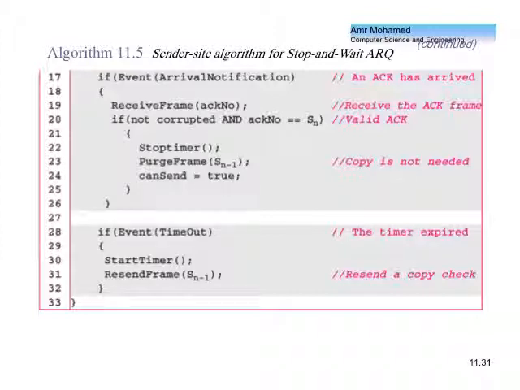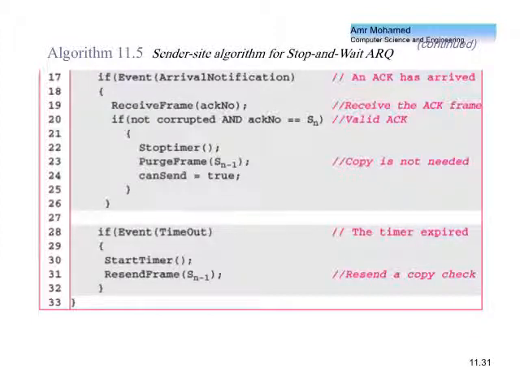The acknowledgement number is always the same sequence number plus 1, as we will see later. The acknowledgement number here indicates that the receiver is telling the sender, I received frame 0 correctly, send me frame 1. This is what the receiver tells the sender.